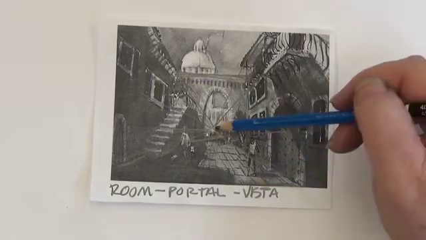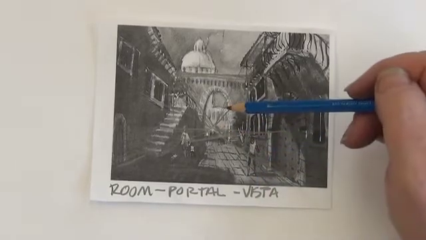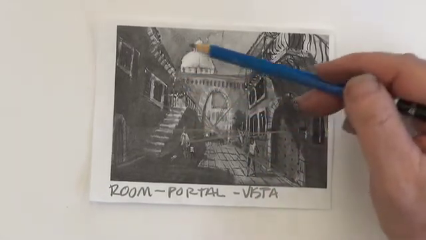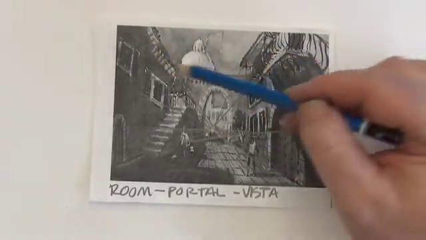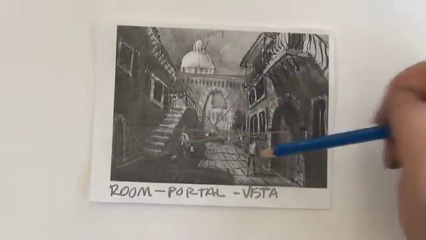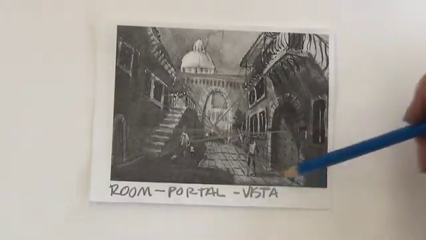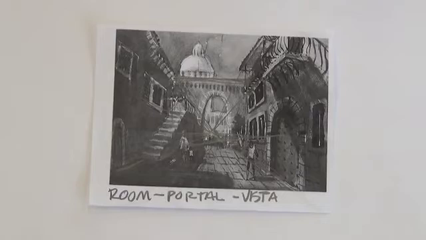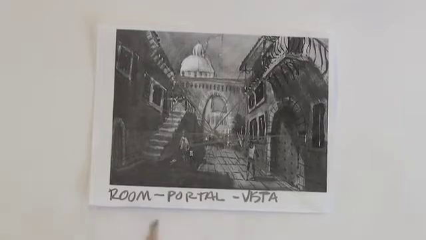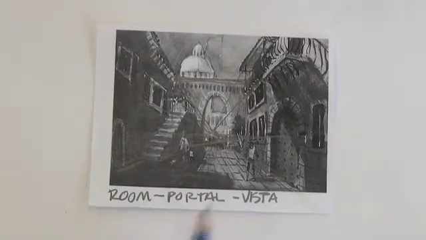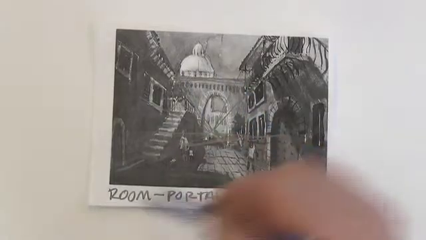And then out through the opening, we have a vista. We see through the opening, we also see at the top here, this is a kind of part of the portal, this opening to the sky. So you see through that end wall. So this is a very old, very frequently used compositional formula. There are many, but that's certainly one of them. Room, portal, and vista. So that's one thing I notice about this.